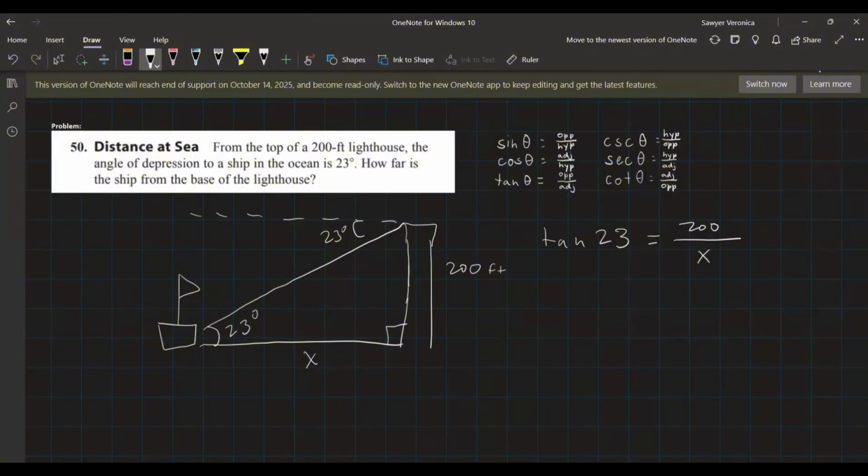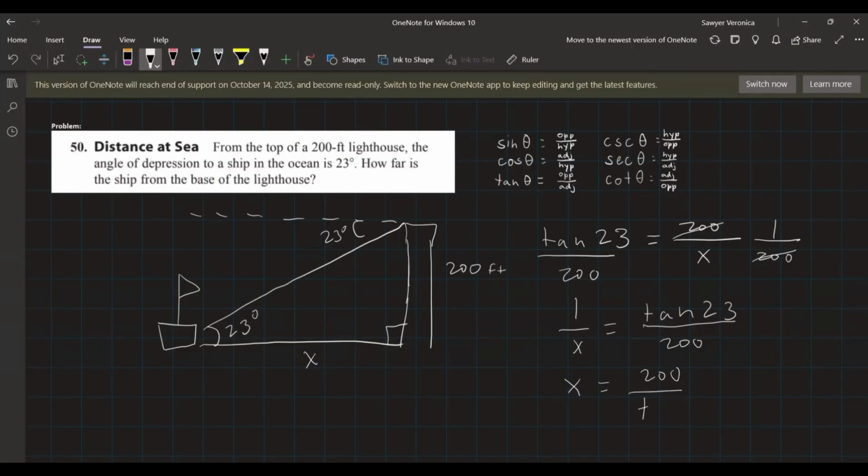So we need to isolate x. Can do this by dividing both sides by 200. So this would leave us with 1 over x is equal to tangent 23 over 200. And then just take the reciprocal. X is equal to 200 over tangent 23.